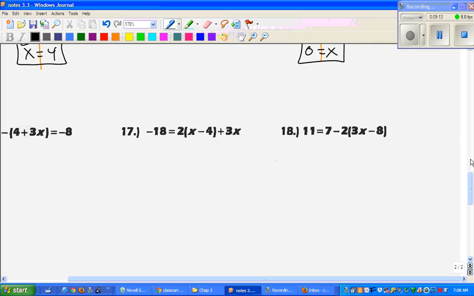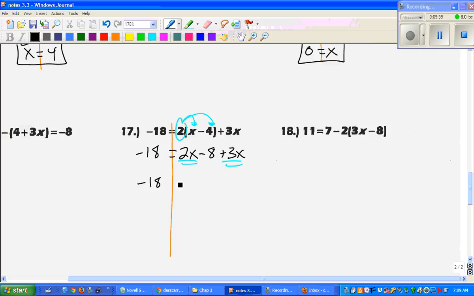All right, number 17. Need to distribute first. Get 2x minus 8 plus 3x. That negative 18 stays over there. Combine your like terms.